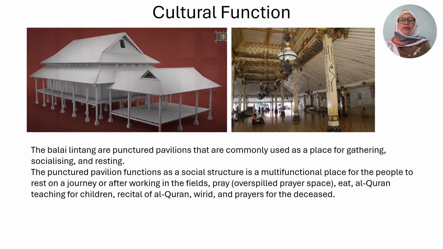While culturally, the pavilions are an area for gathering, for socializing, and for resting, and the community around it use it for multi-use, like Quran reading, praying for overspill prayer space, teaching and reciting Al-Quran as well.